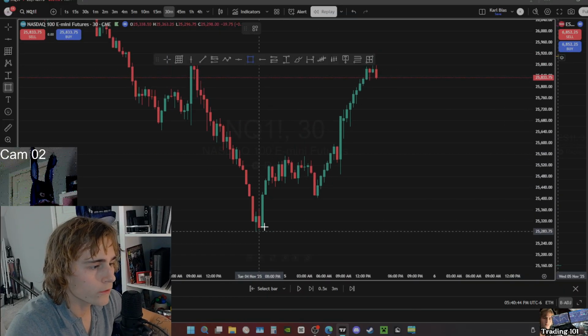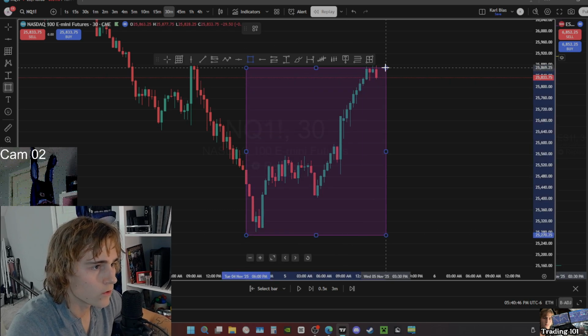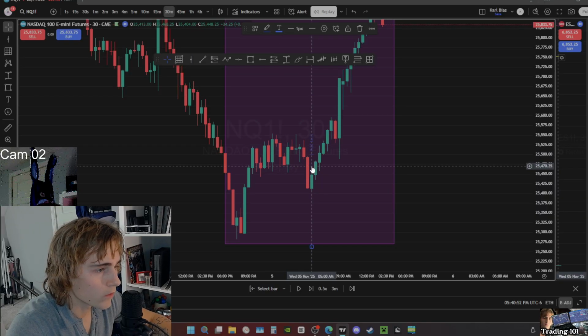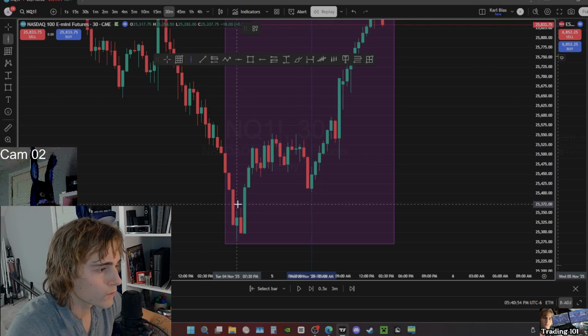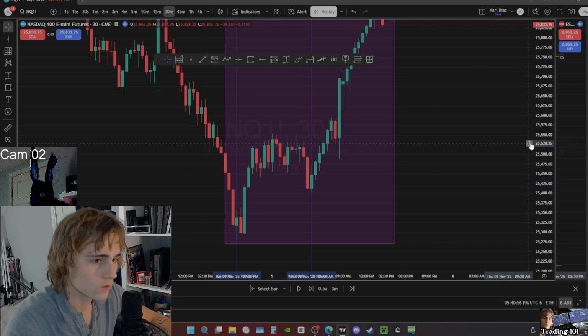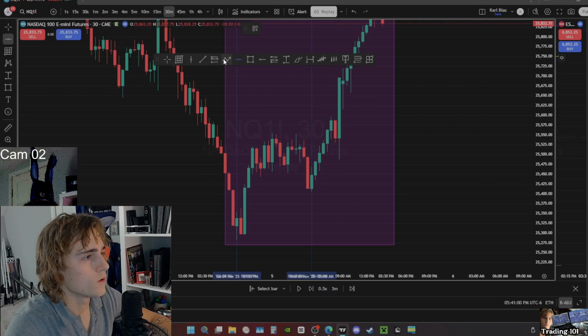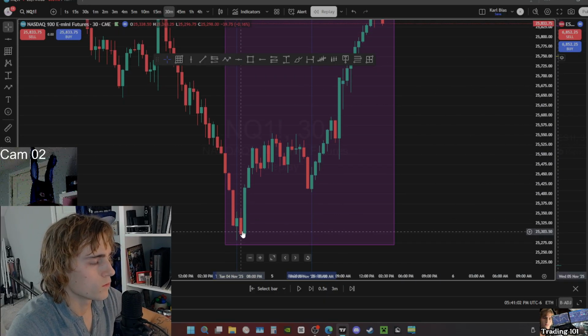Would this be part of this trend? No. Why? Because in between this and the lowest point on this area, what do we have? We have a break of structure to the upside.